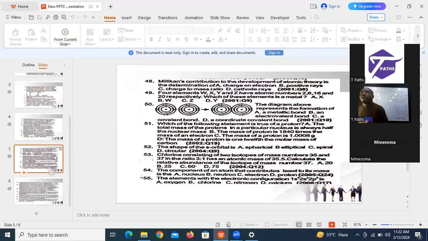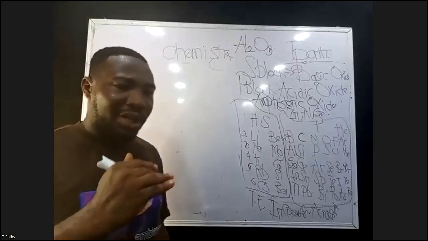So now, guys, we need to understand that J.J. Thomson was able to discover the electrons of an atom. Ladies and gentlemen, you need to be able to sit down and know the contribution of each scientist. What did they add to the making of the atom? We can start from J.J. Thomson.